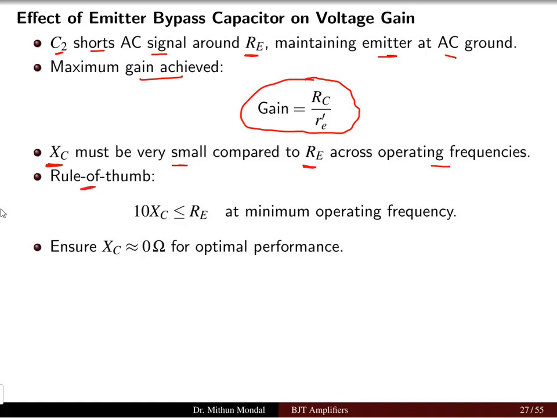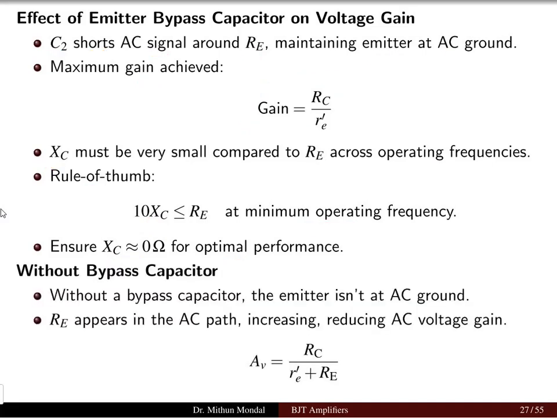As a rule of thumb, the emitter resistance should be greater than 10 times the capacitive reactance at the minimum operating frequency. We ensure that the capacitive reactance is approximately 0 ohms for optimal performance.